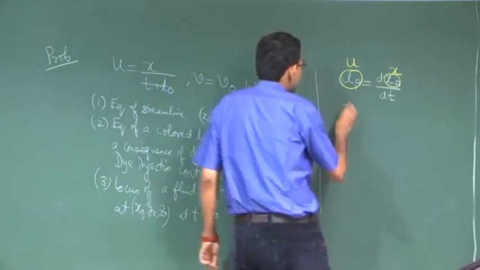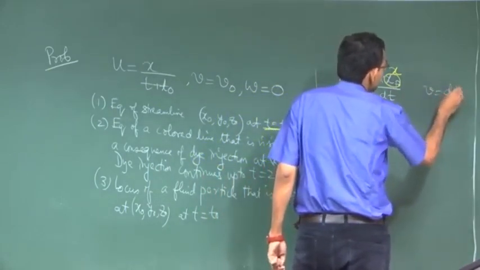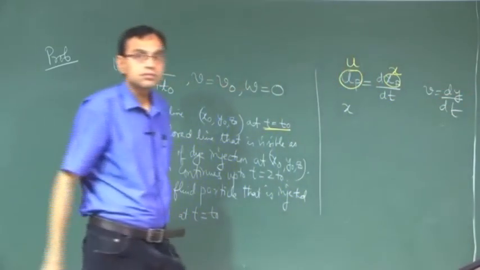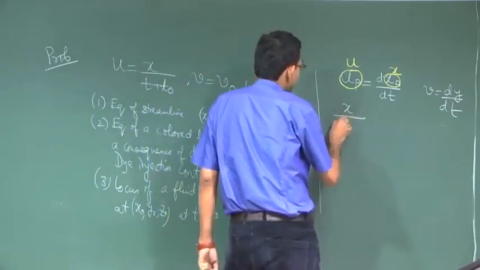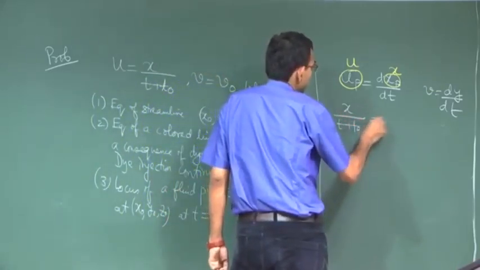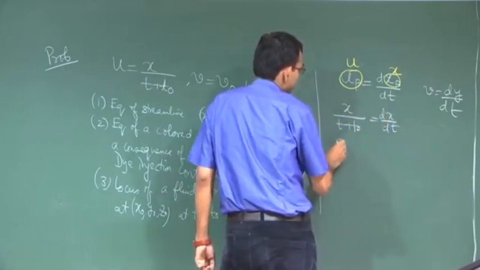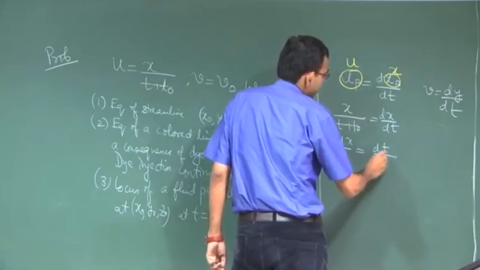And similarly v is equal to dy dt. So u, which is x by (t plus t0), is dx dt. So dx by x is equal to dt by (t plus t0).